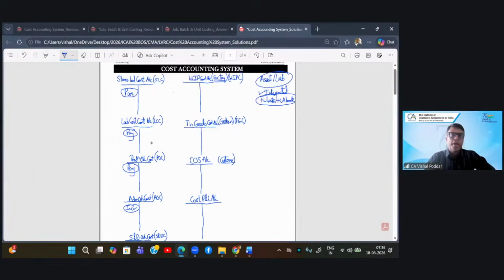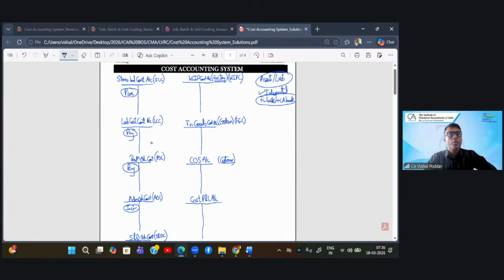Let me tell you, students, practically this never happens, because once you merge your financial books with your cost accounting books, your cost accounting data gets exposed to the world, because your financial reports are shared with everyone. It is shared with banks, government, shareholders, income tax and GST departments.